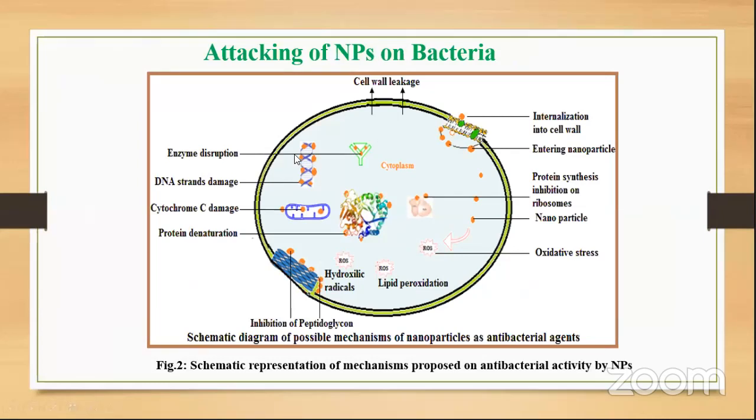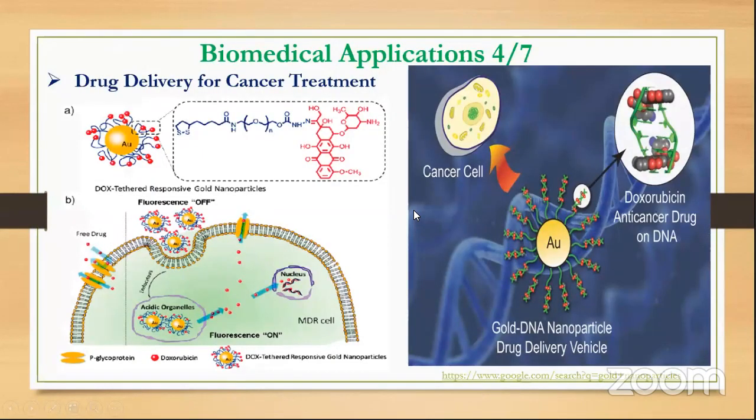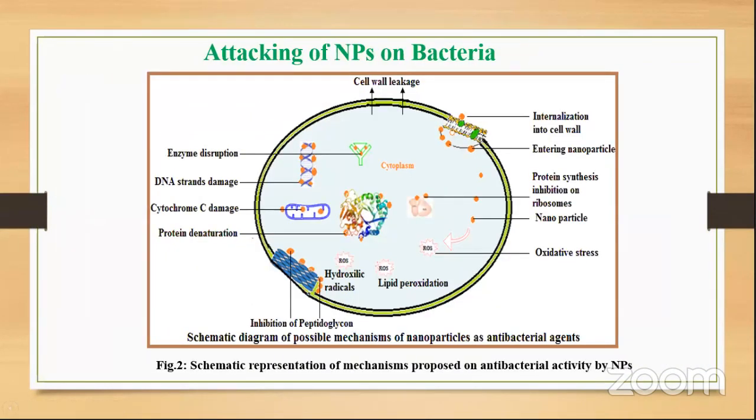It binds with the DNA structure. Binding of the DNA means dysfunction of the DNA. Binding with the enzyme means dysfunction of the enzyme. Binding with the cytoplasm, binding with the ROS, binding with the ribosomes.